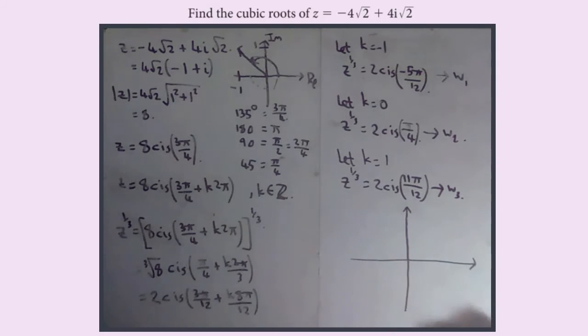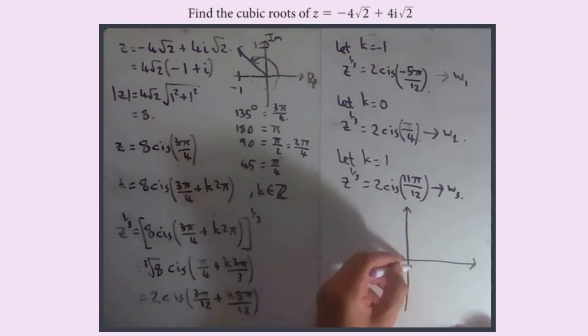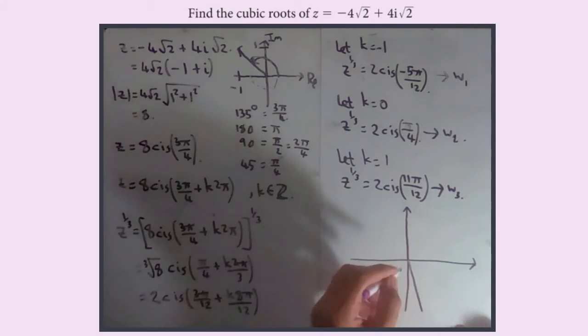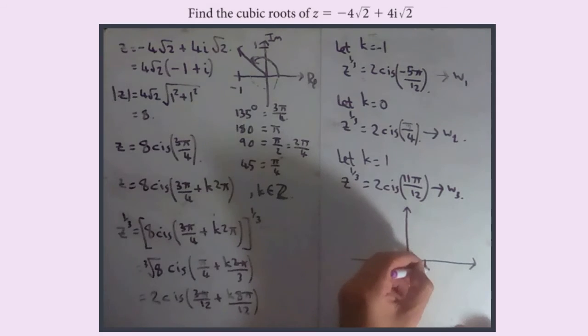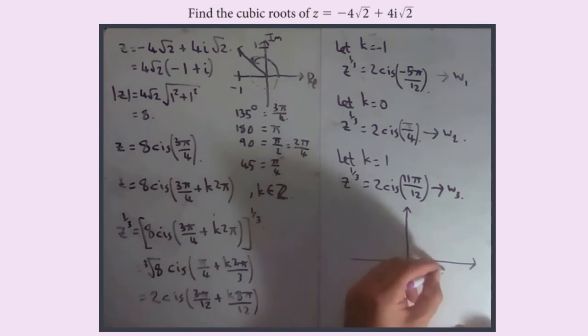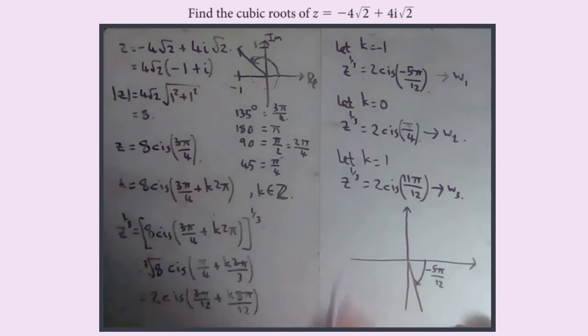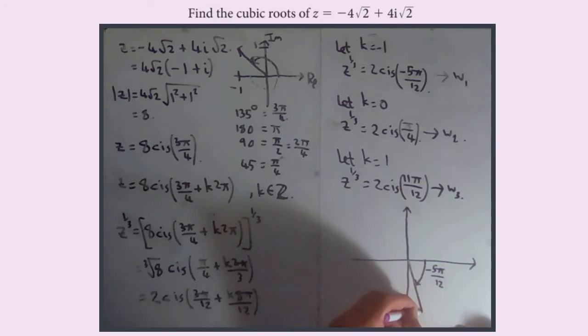So minus 75 is going to be 15 less than 90. So that's going to be this sort of direction here. Okay, so that angle there is minus 5 pi by 12. Right, and that can be W1 as I've drawn it.